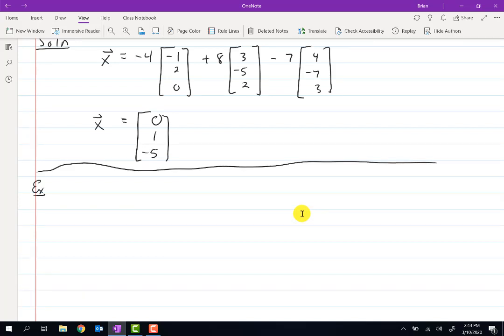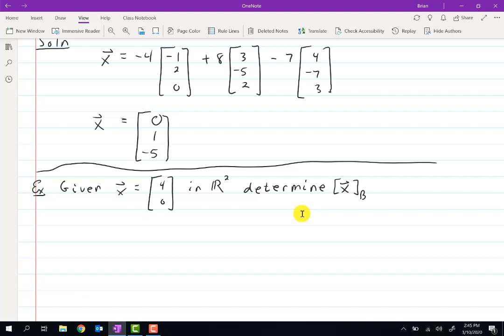Another example, let's go reverse here. Given x equal 40 in R squared, determine the representation of x with respect to the B basis.